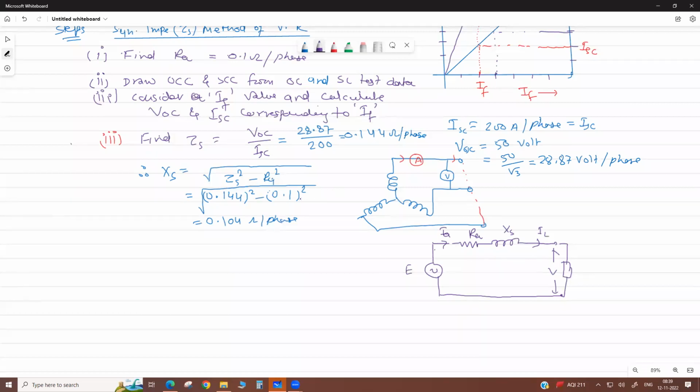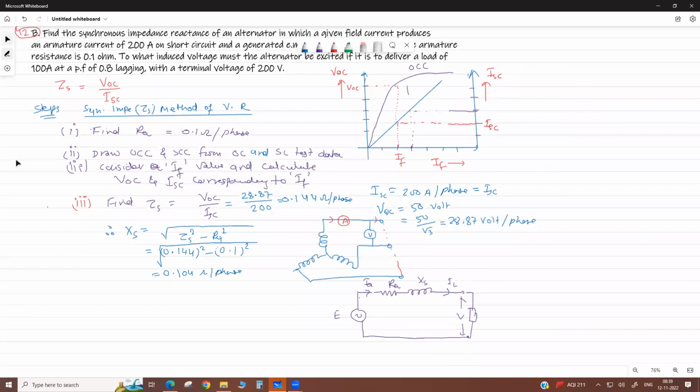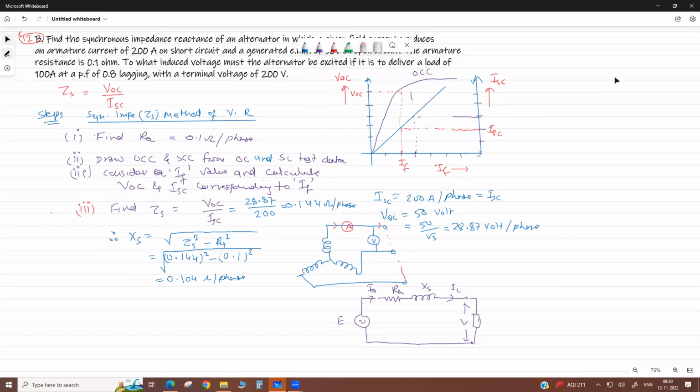So again, these load parameters are given. My dear, what is the load condition now? What induced voltage must the alternator be excited with to deliver a load? So here the load current is given.